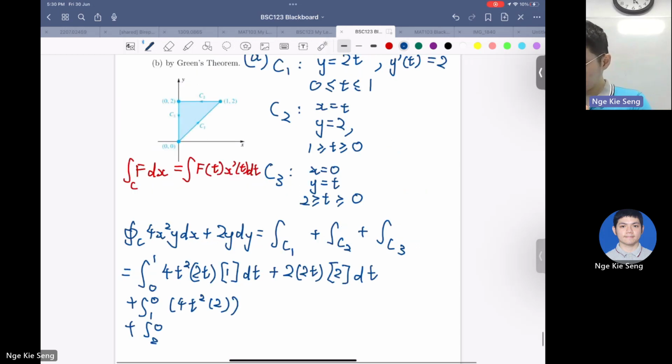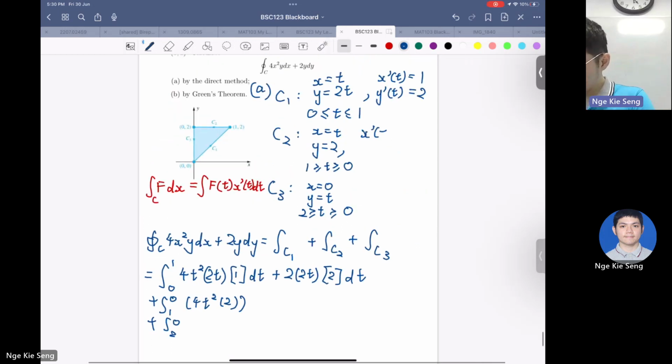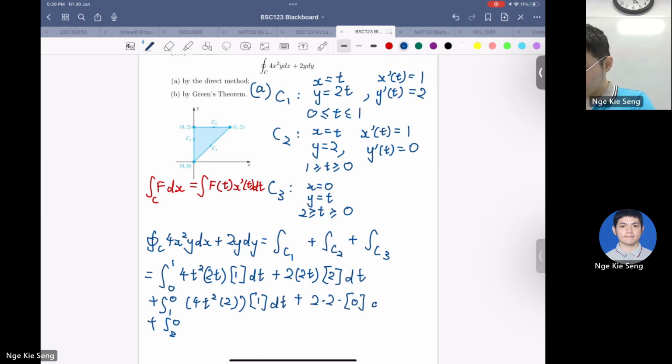Okay, what's the factor here? x prime t is 1, y prime t is 0. So here is 1 dt plus 2y, 2 times 2, y prime t is 0.